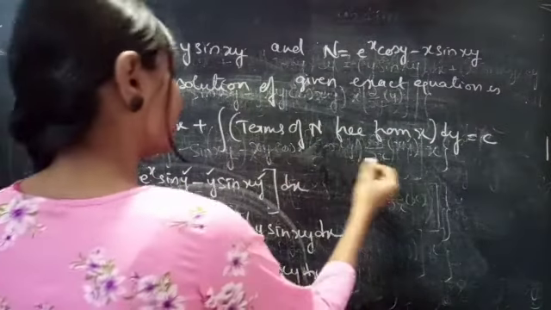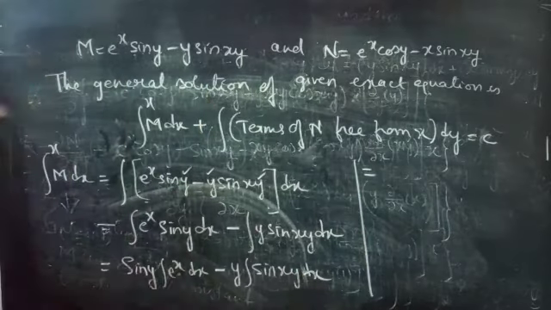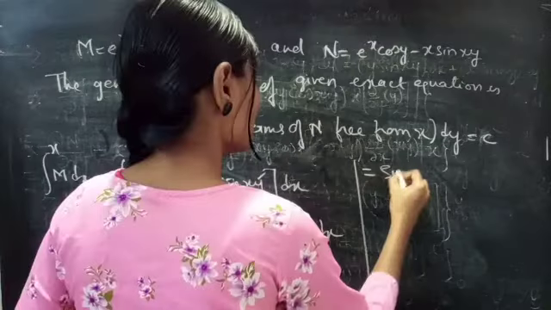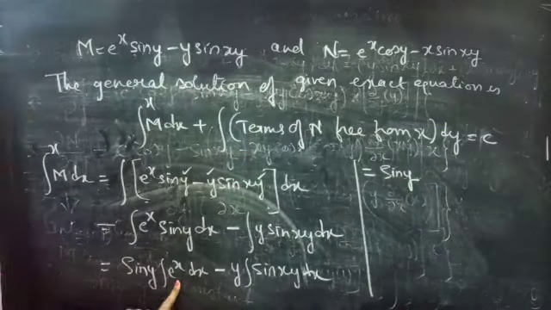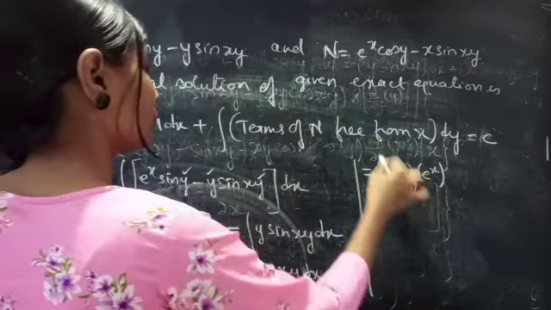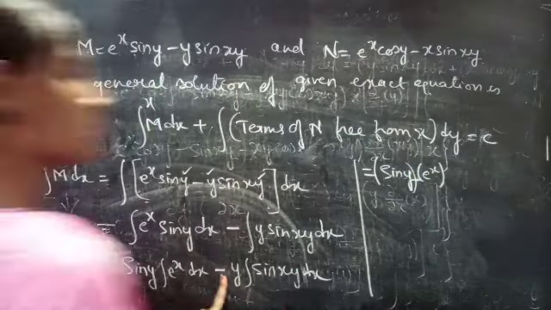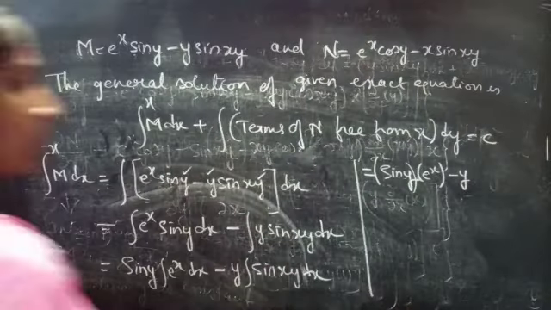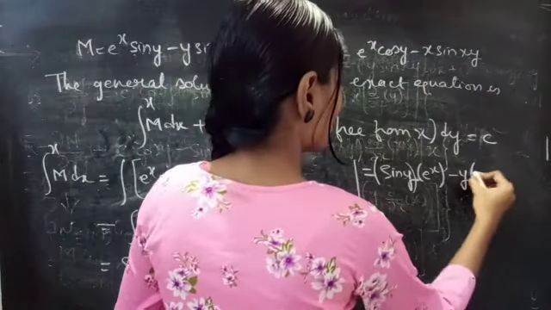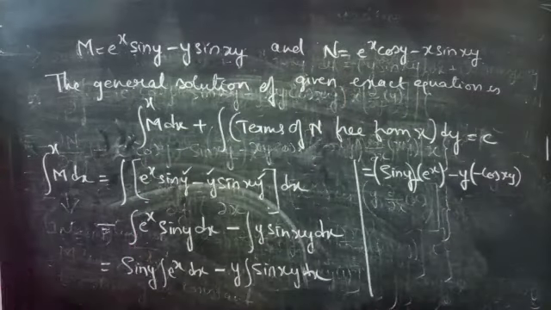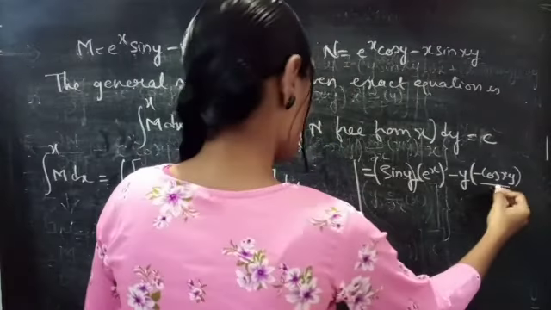We know that the integral of e^x dx is e^x, so this is equal to sin y into e^x, minus y into the integral of sin xy, which is minus cos xy by y, since y is constant.